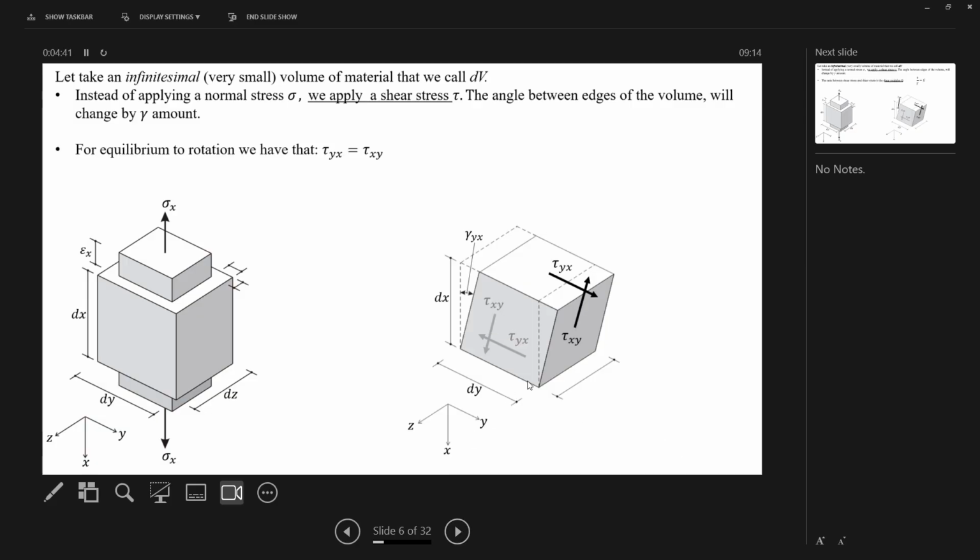Right, so if we've got tau yx going this way, then you'll find the equal and opposite will also appear here, right? So we're not losing any energy, and energy is still there, it's being resisted. Make sure you understand that will be resisted there, and then that will be resisted there.